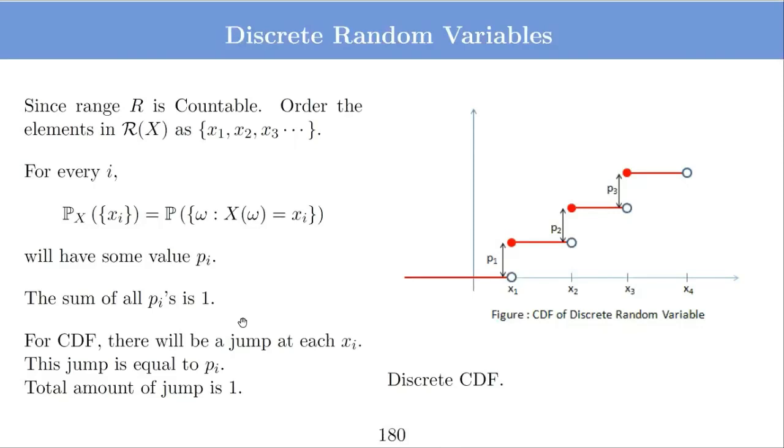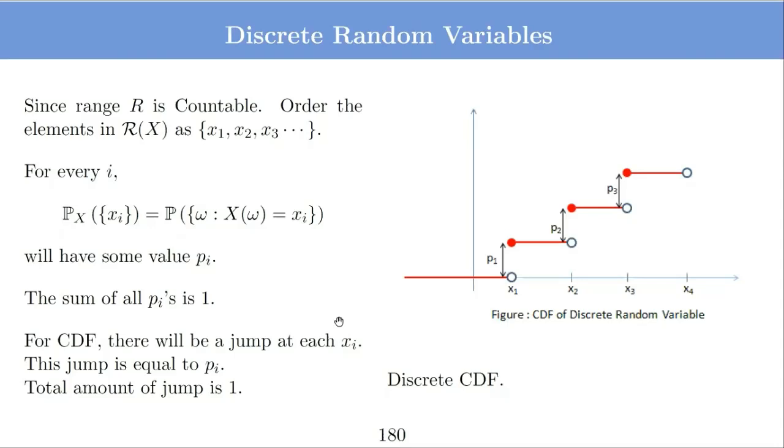Okay, and for the CDF, if you plot it, you will find that for any xi, if you take the open set from minus infinity to xi without including xi, you get some probability, and once you add xi to it to get the closed set, minus infinity to xi, there will be a sudden jump, and the jump amount will be equal to the probability of this singleton set xi.